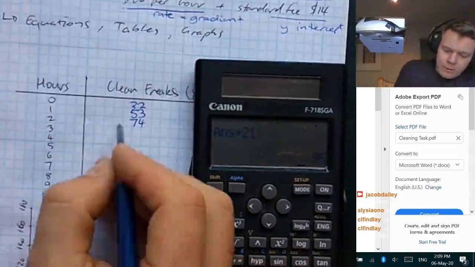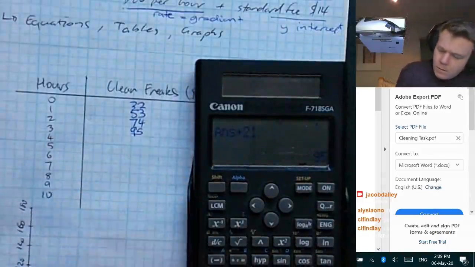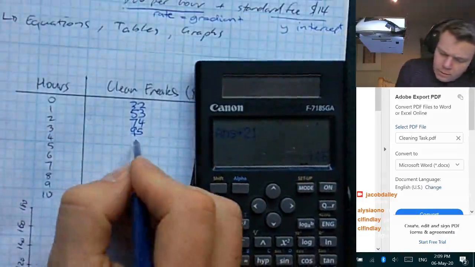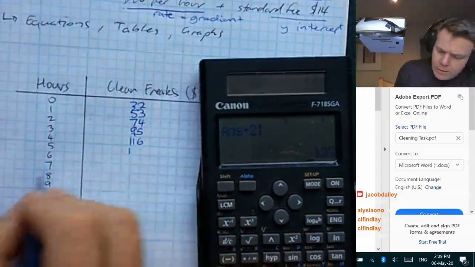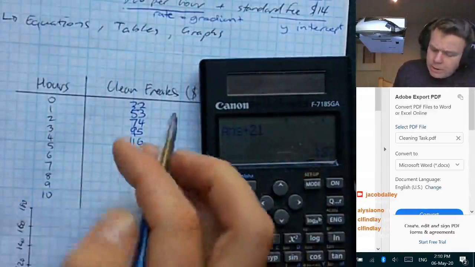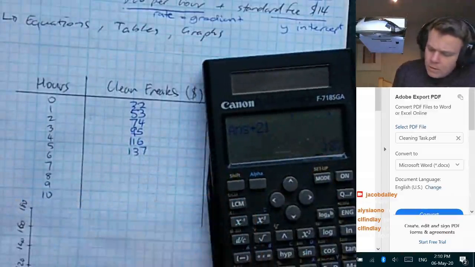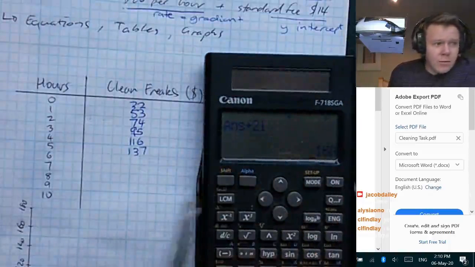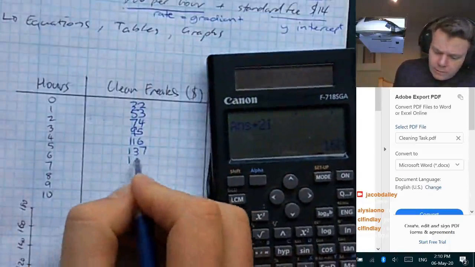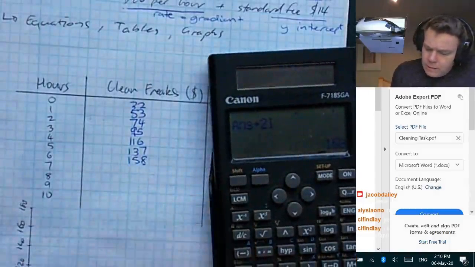So this is a good way to just quickly get all your data. So just think, okay, we're adding on 21 each time. So if my calculator is set up to add on 21 each time, then that'll do that.